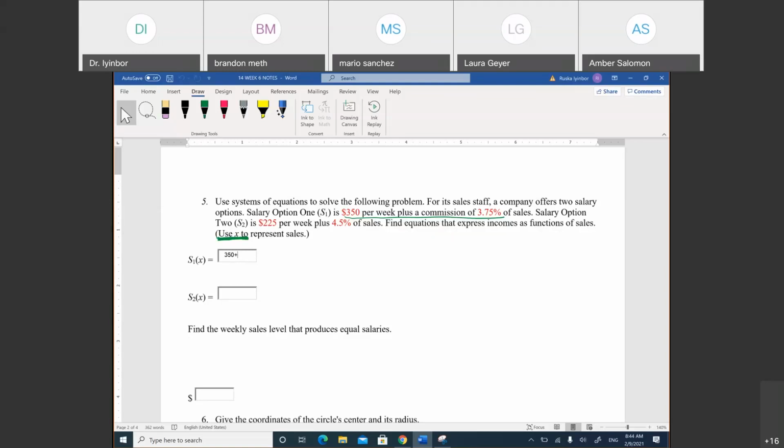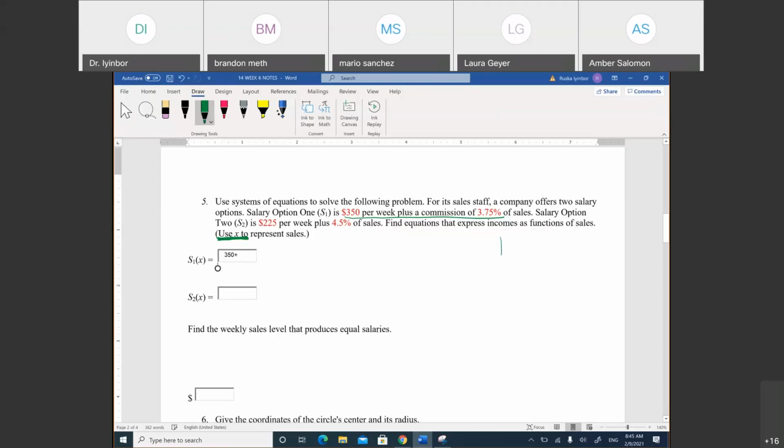Okay, now, when you get a percent of something, do you use 3.75? Or let's think about, let's say you're selling a car for $100. So if you have $100 in sales, how much is your commission? Is it $3? Or what is it?